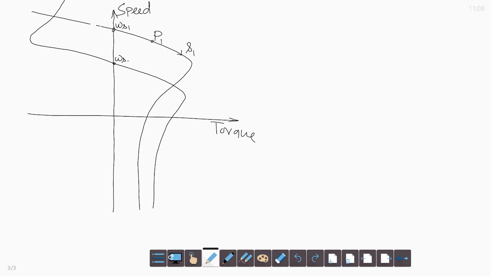The new value of the synchronous speed is omega s2. The motor speed just before that was omega m1, and omega m1 is more than omega s2. So the slip at that moment, omega s2 minus omega m1 by omega s2, is negative, because motor speed is more than the synchronous speed.